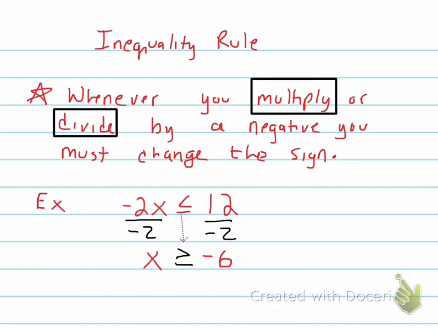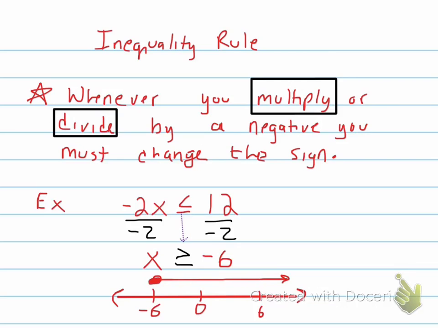X is greater than or equal to -6, and let me graph this for you so you see what that is. So I have 0, I have 6, I have -6. So greater than or equal to -6. So that's how we solve that.